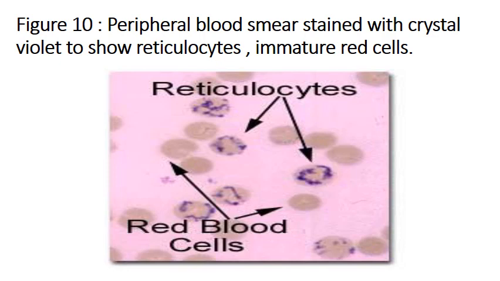It is an immature red blood cell. Why do we see immature cells? Because of hemolysis, because there is destruction of red blood cells, so the bone marrow tries to produce more red blood cells to compensate for the destruction and replace the normal ones. So we will see the reticulocyte.